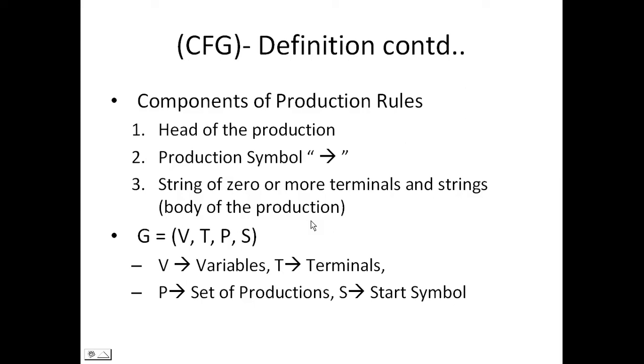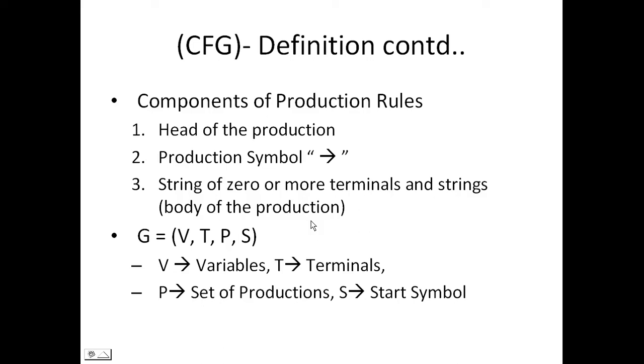Further, the production rule consists of the head of the production, that is from where the production rule will begin. Suppose P gives A is a sample production rule, where capital P is the head of the production. Secondly, the production symbol, as I have said, P gives, so an arrow is used. And finally the string of 0 or more terminals or variables, that is the body of the production.